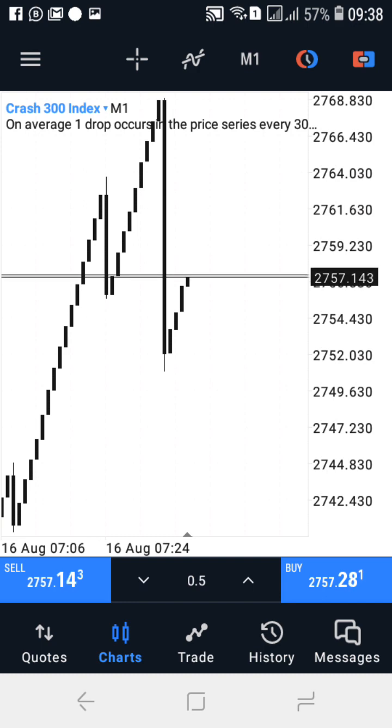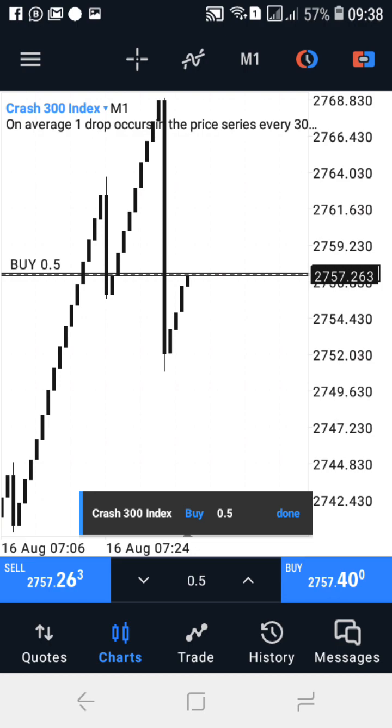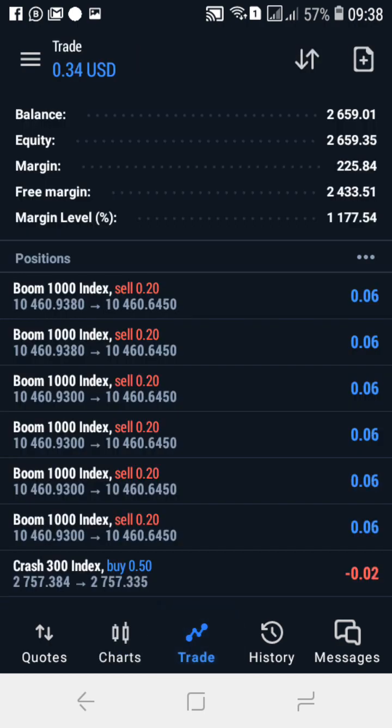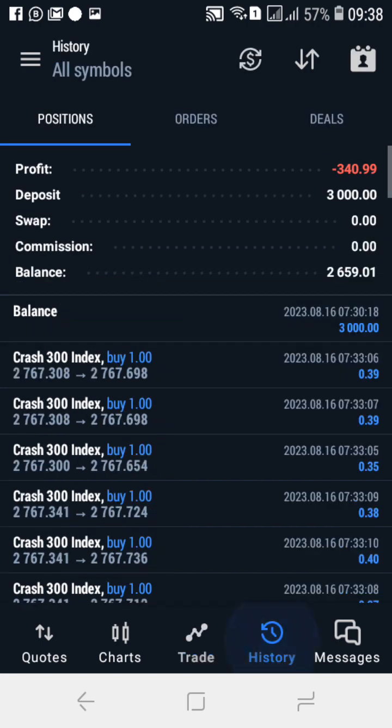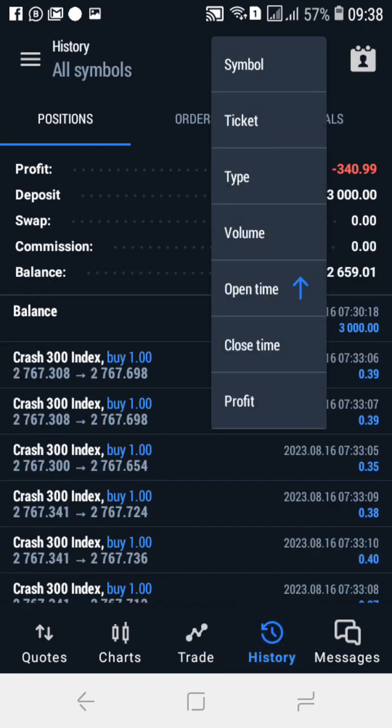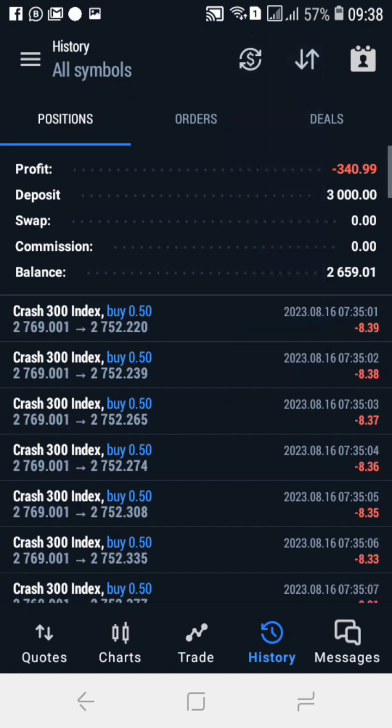But let me open minimum lot size on Crash 300 to see whether it covers the positions of Boom and Crash. And then what does it do? Wait a minute.